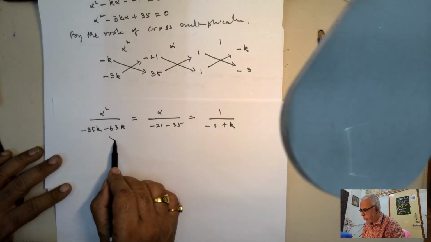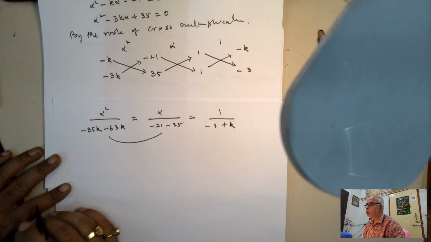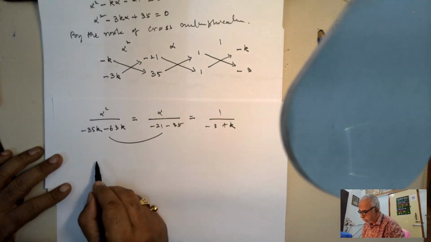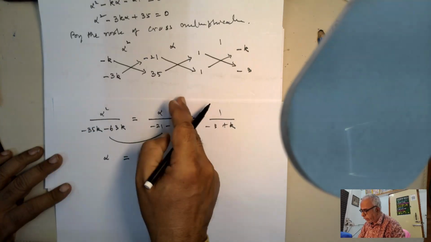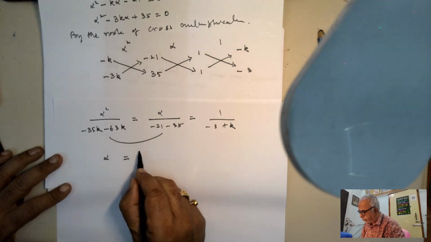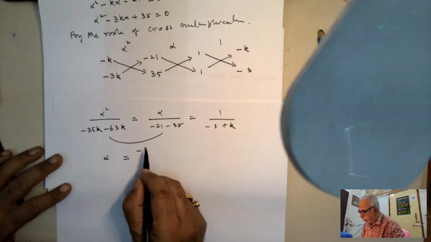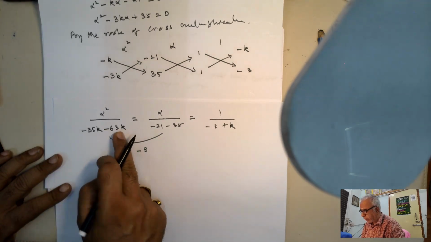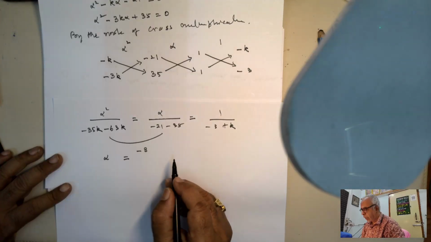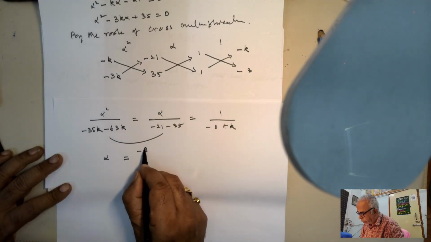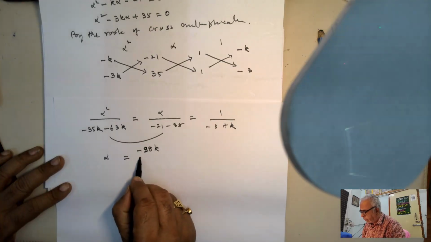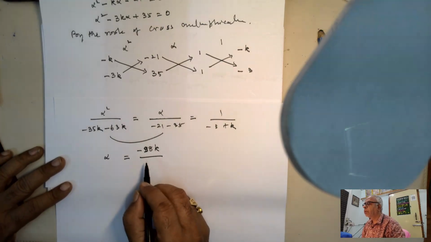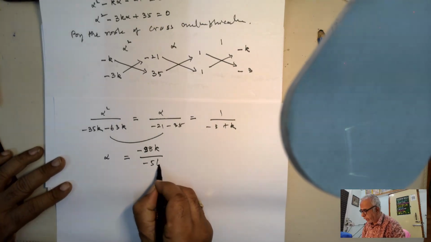So you can compare these two. In that case, alpha is equal to minus 98k divided by minus 56.